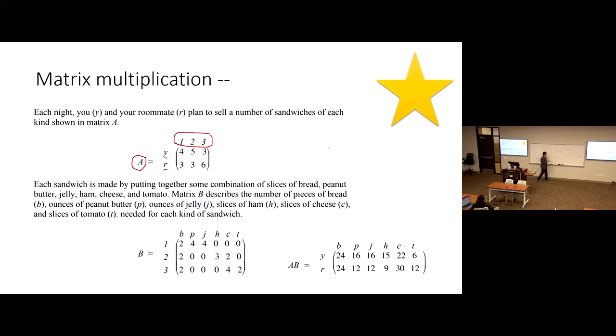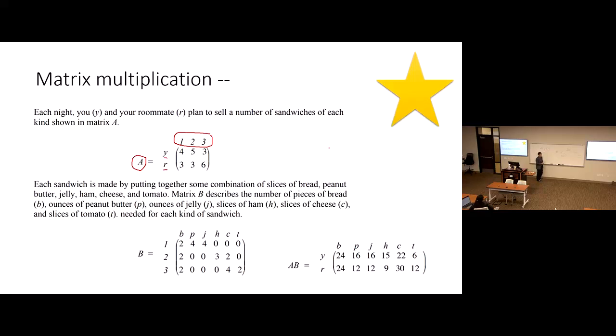So A is 2 by 3, so this is a 2 by 3. I will put the 3 by 6. So that will be 3 by 6.